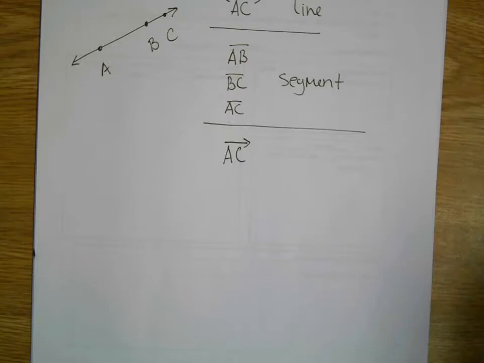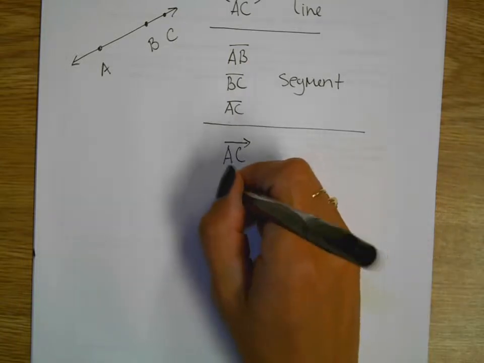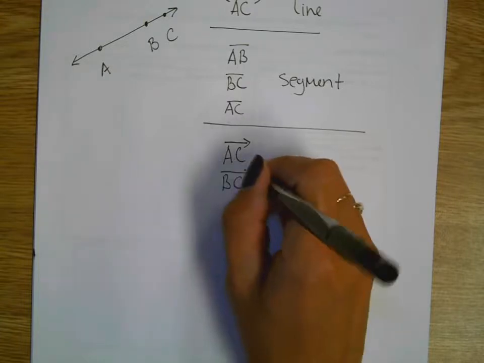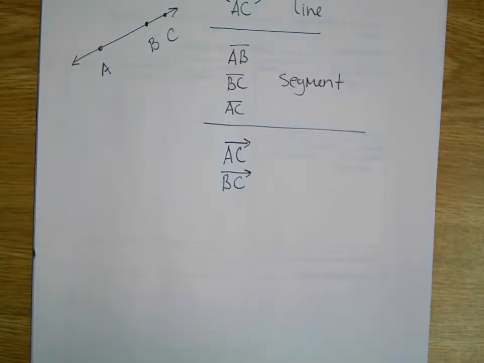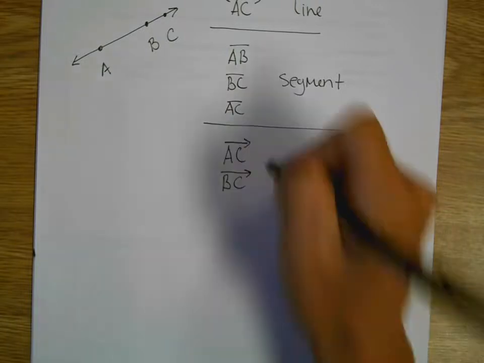Do you see any other rays in this picture? BC. Starts at B, goes to C, and keeps going. Any other rays? There are exactly 2 more. Yep. What'd you say? BA.